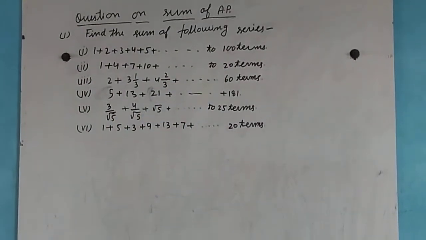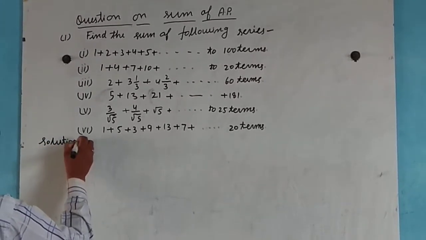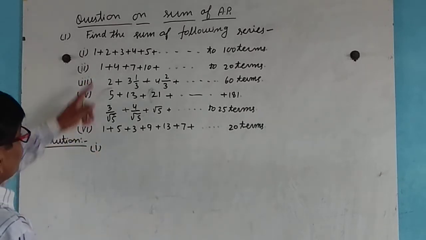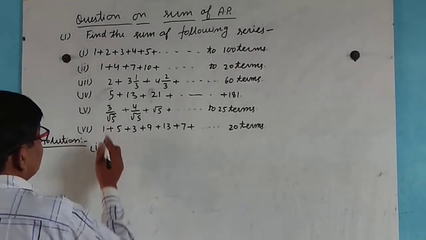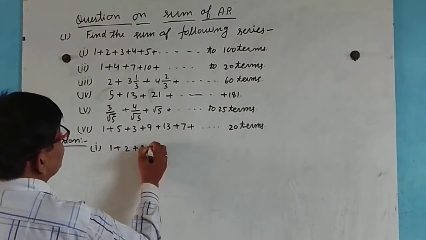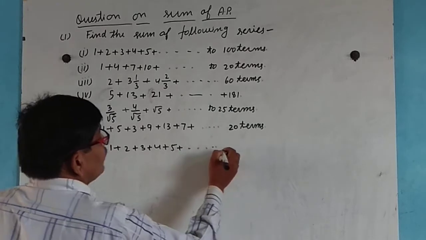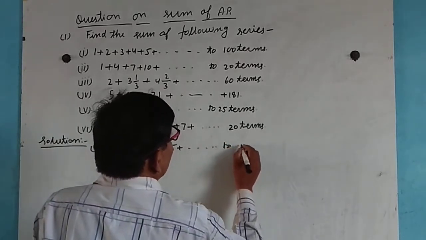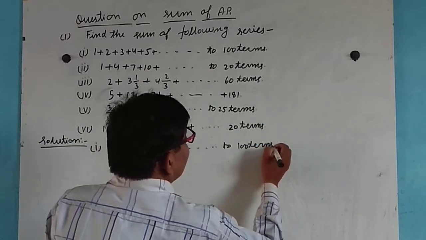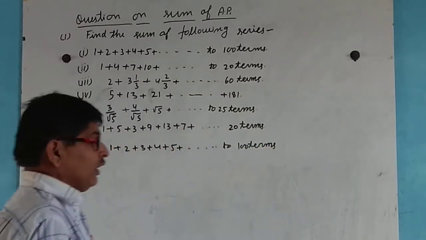This is a series: 1 plus 2 plus 3 plus 4 plus 5 up to 100 terms.